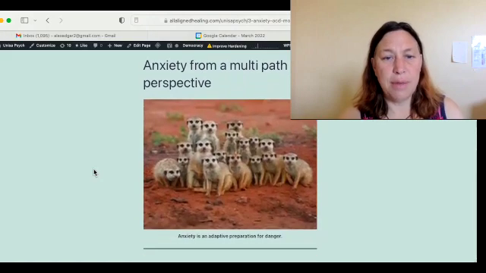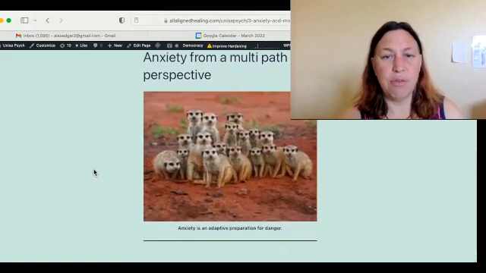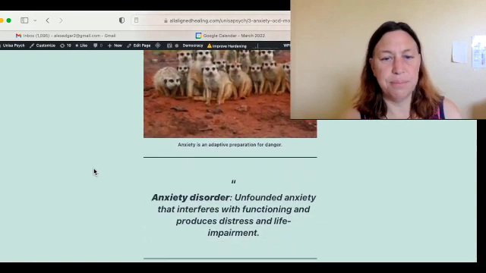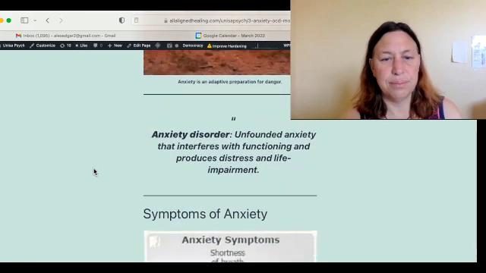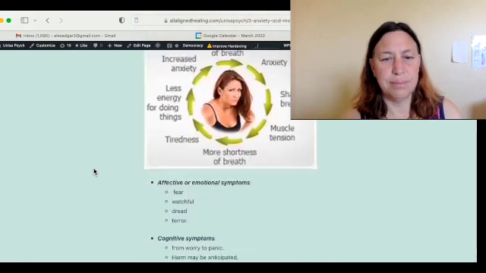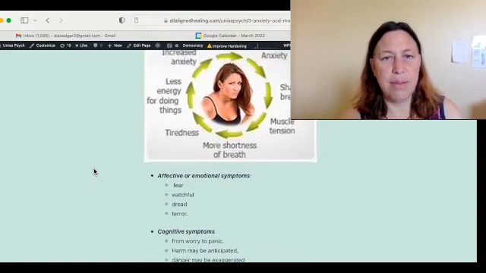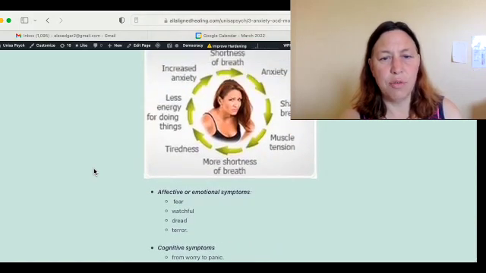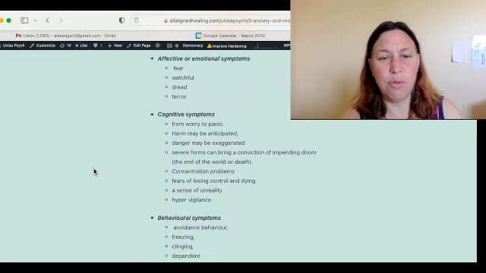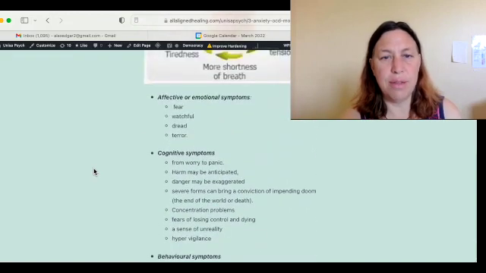Anxiety is an adaptation to a threatening and dangerous world. When it goes wrong, you have a disorder. Okay, anxiety symptoms we can split up between emotions, thoughts, behavior, and bodily sensations.